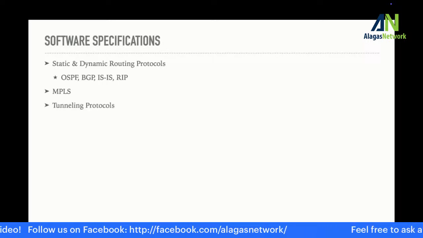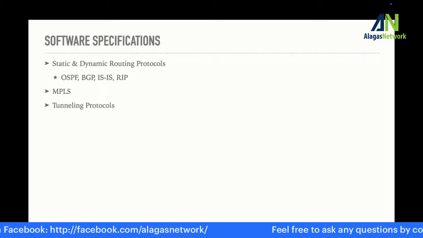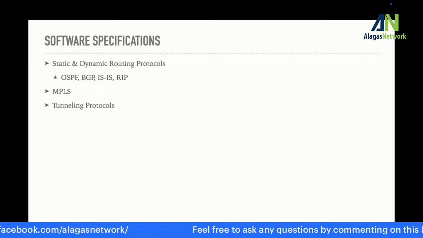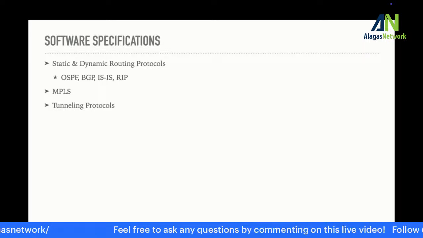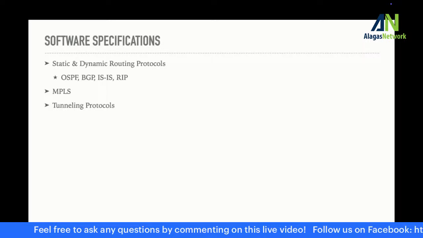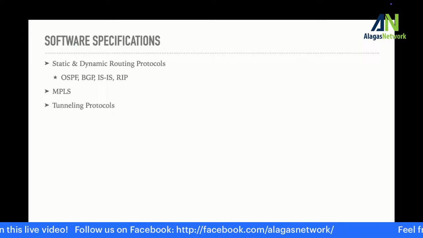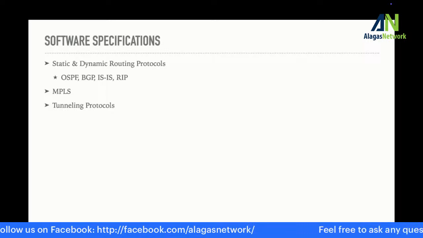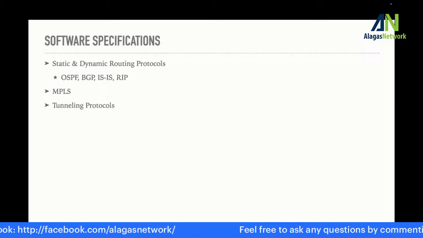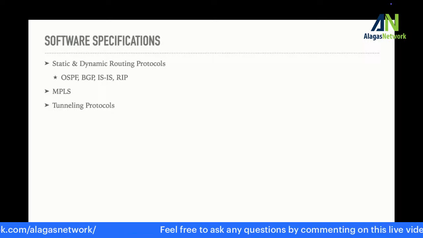And tunneling protocols. So what are tunneling protocols? Tunneling protocols actually create a so-called tunnel, or direct point-to-point virtual connection, between 2 points. Why are we calling it tunneling protocols? Because in tunneling protocols, there are 2 types.